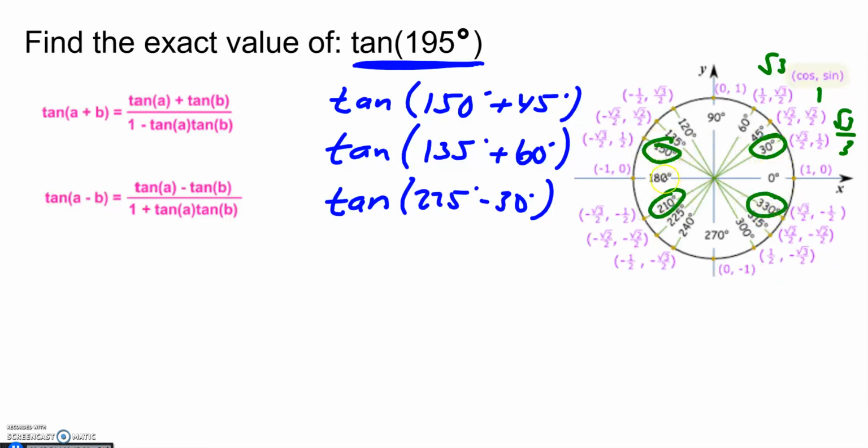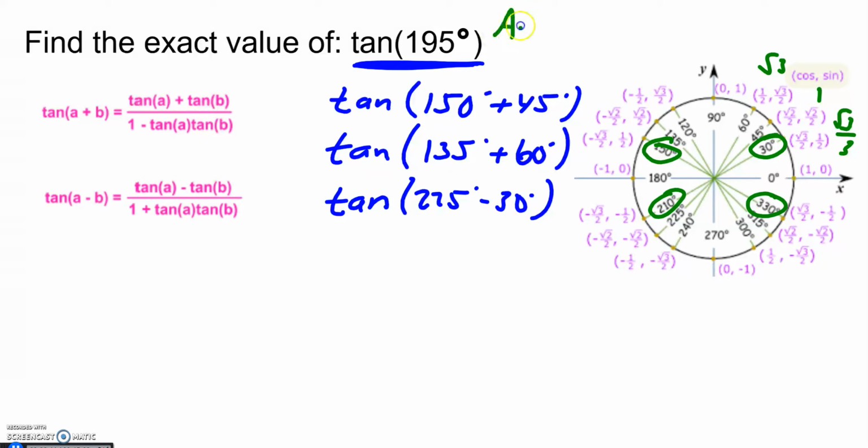So 30, 150, 210, or 330. The reason being, if you have to plug root 3 over 3 in for a tangent value, you're going to have a fraction plus another fraction, get a common denominator, and it's just going to be an absolute mess. So I would suggest avoiding any 30-based angle.